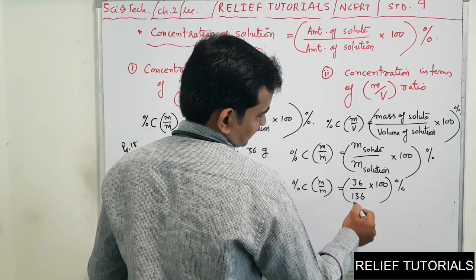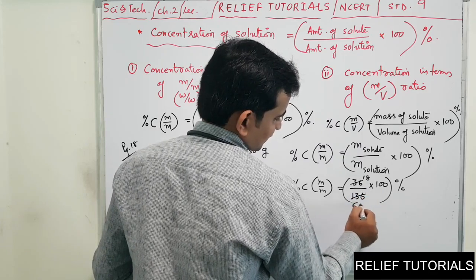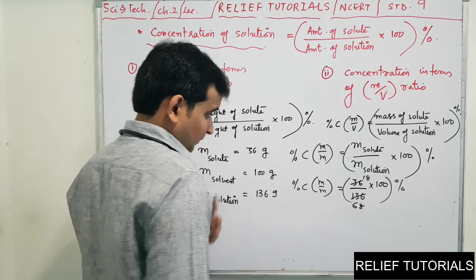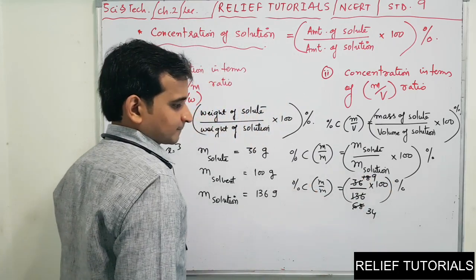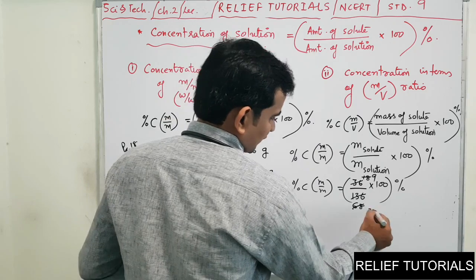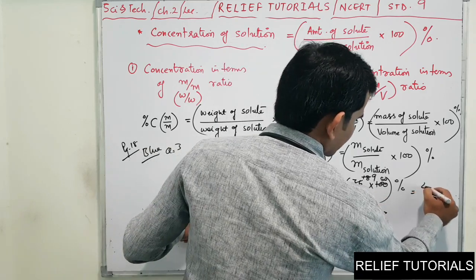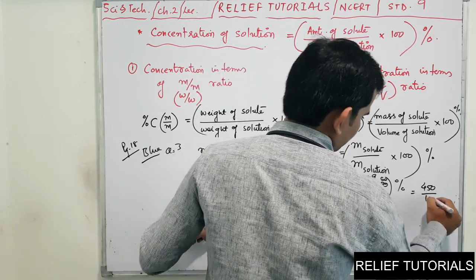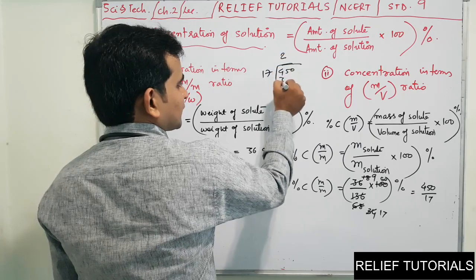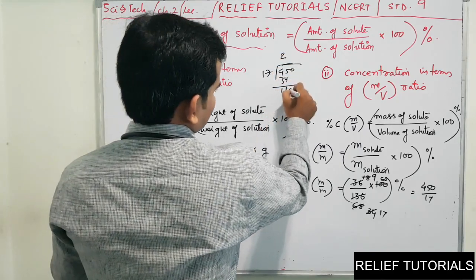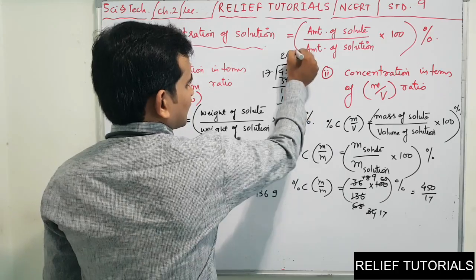Cancelling the common factors, we get 450 by 17. 17 twos are 34, 11 left, 0, 17 sixes are 102, and so on, 8.04, the 68.